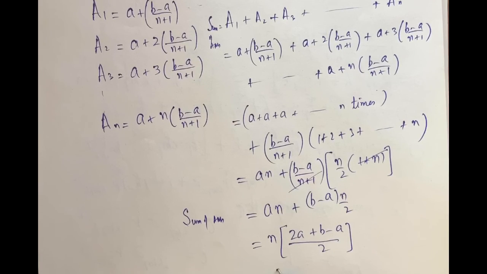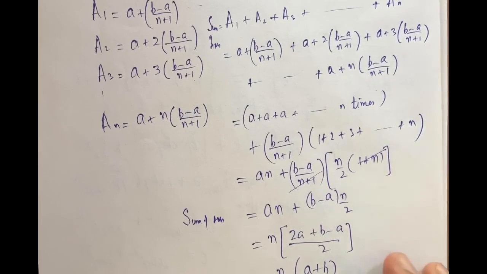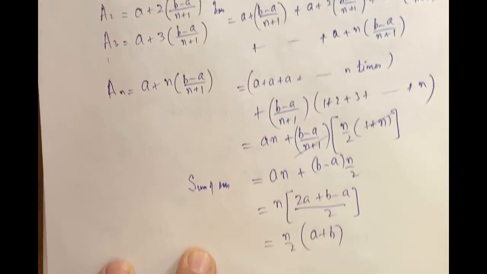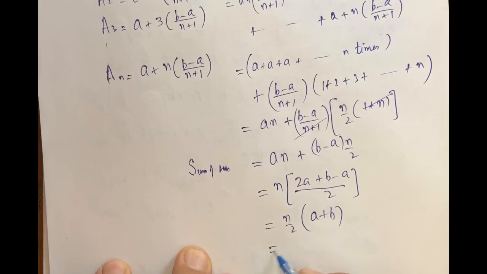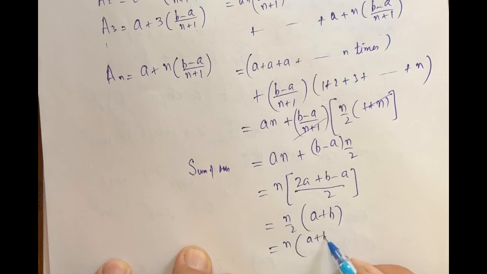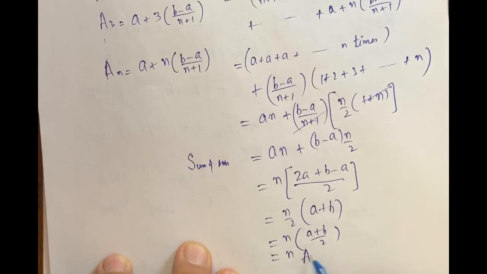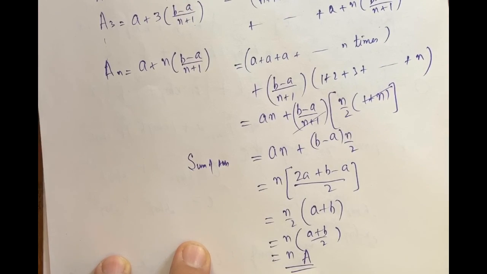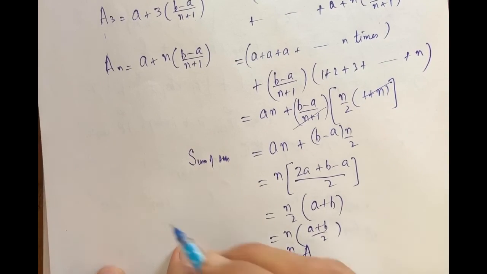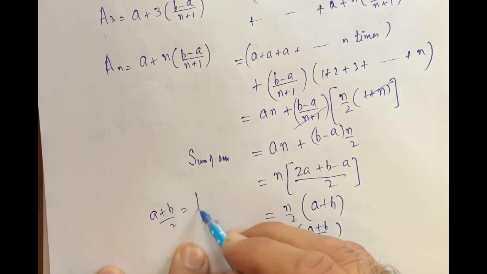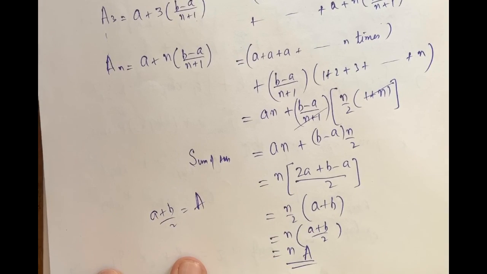That is n by 2 into (a plus b). So what is (a plus b) by 2? This is n times (a plus b) by 2, or it's n times the single arithmetic mean. This is what we wanted to prove. (a plus b) by 2 is the single arithmetic mean. So this is how we prove it.